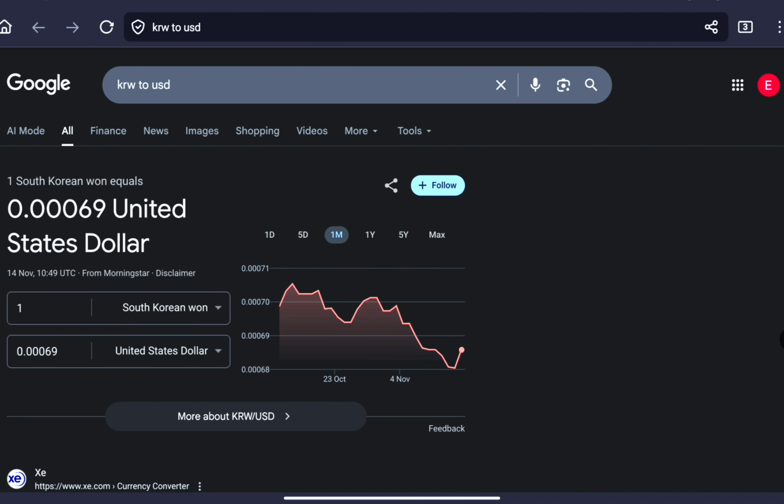Upon doing a quick search, you can see that KRW is known as the South Korean won. So this asset is owned by South Korea, right? You can only do this if you have access to spending, buying, transferring, or doing any kind of transaction with South Korean won.